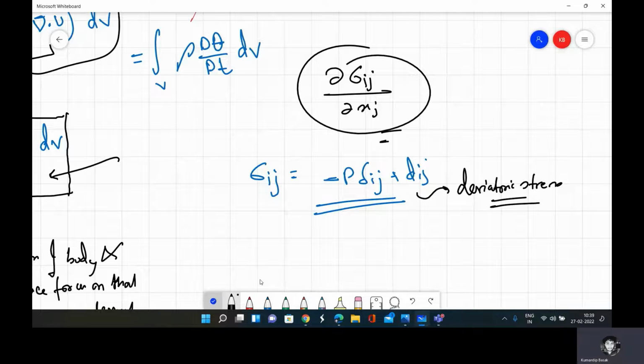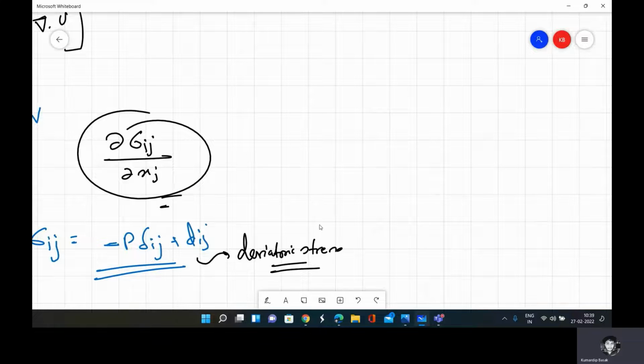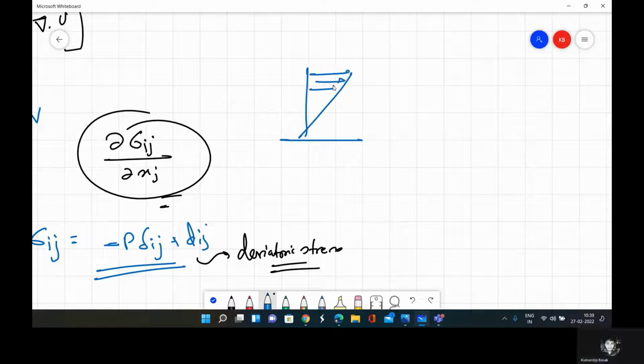And also now again you have to understand the physical aspect of this, that this is related to shear stress. Now from Newton's law of viscosity, you know that, let's say the profile of the fluid is like that. So what is the shear stress here?